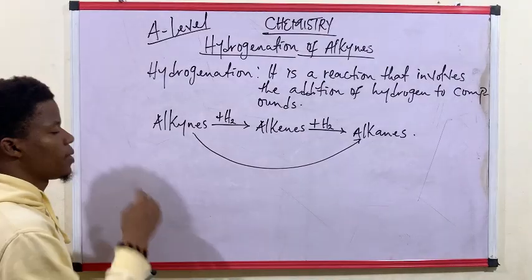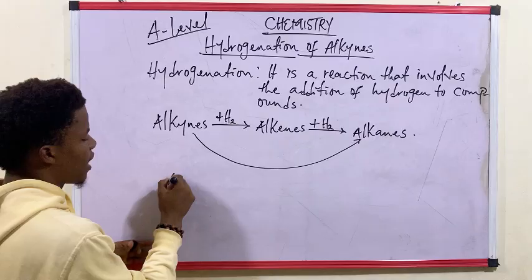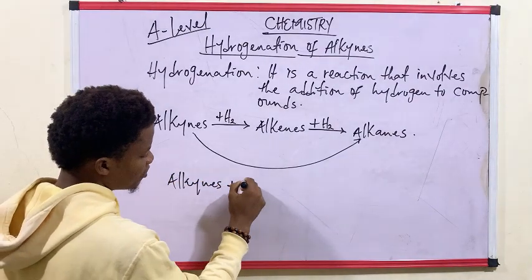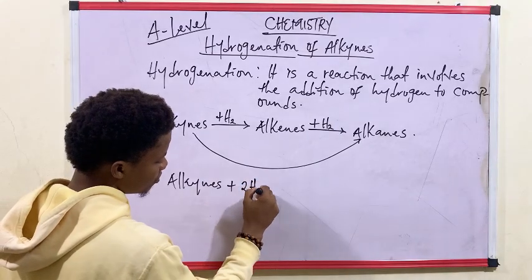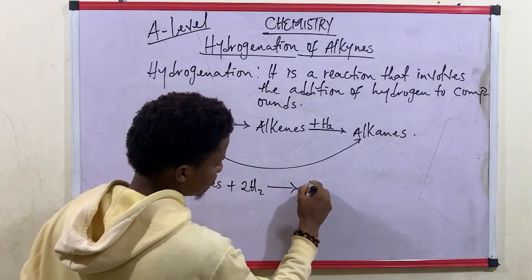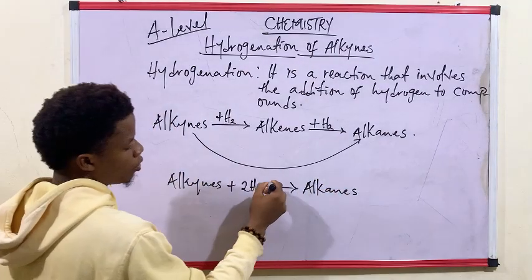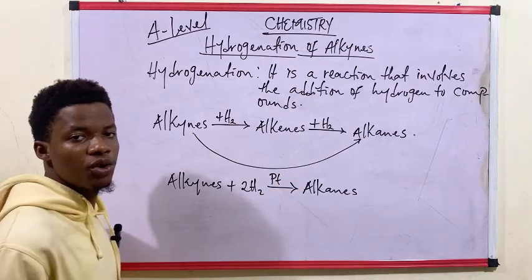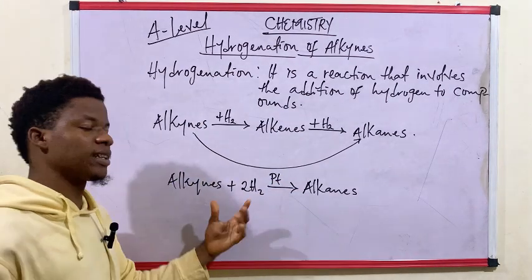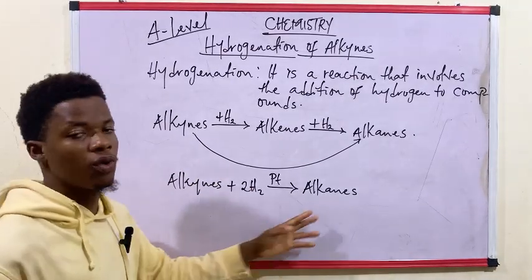Now, this particular reaction, alkynes reacting with hydrogen to give us alkanes, occurs in the presence of platinum catalyst. So platinum is a catalyst that catalyzes the addition of hydrogen to alkyne, eventually converting it to what? Alkanes.